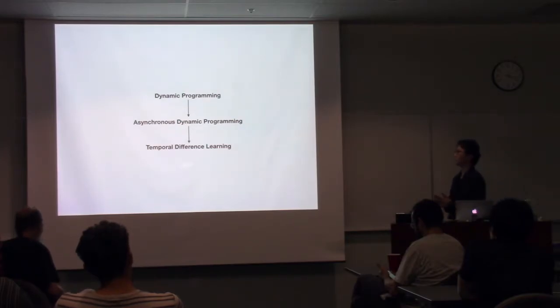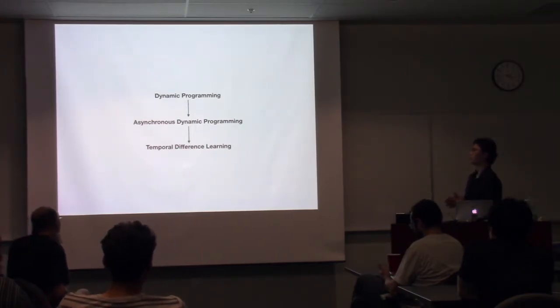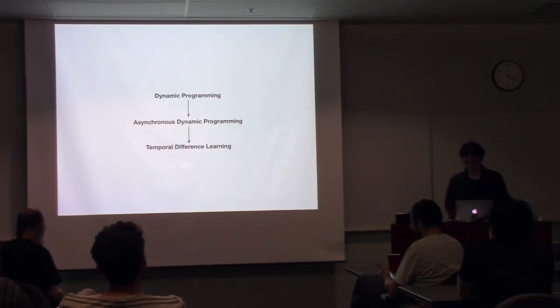TD learning is a class of methods similar to ADP, but now you don't need the model. You can just do a sample backup, and basically you can still do asynchronous learning.